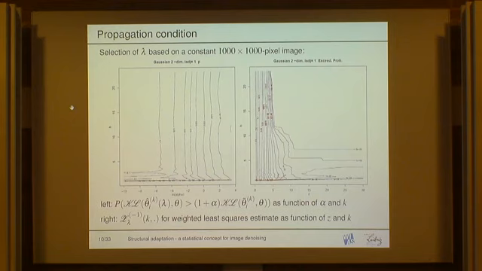Visualization of this: on the left-hand side, what you have is the Kullback-Leibler distance between the estimated parameter using the adaptive procedure and the true parameter theta in the simulation.